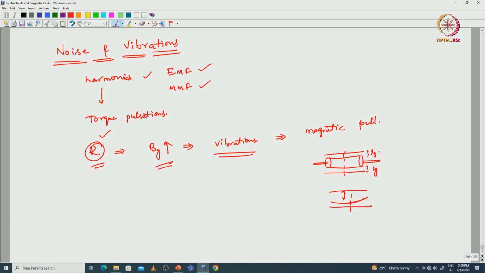In order to avoid the noise and vibrations, the difference in slots between stator and rotor should not be equal to plus or minus 1, plus or minus 2, plus or minus P plus or minus 1 and plus or minus P plus or minus 2. These are the generalized guidelines to select the number of rotor slots.